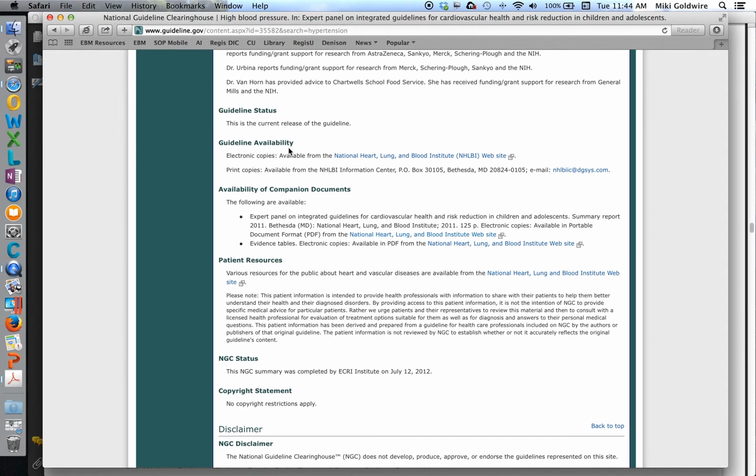Near the bottom you'll see guideline availability, and that's where you can get a link to the full text. This is available from the National Heart Lung Blood Institute, which again is a part of our government.